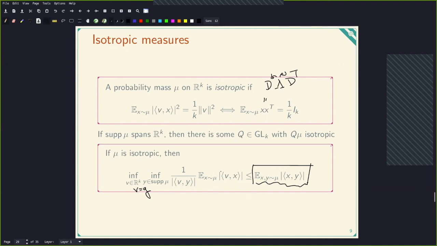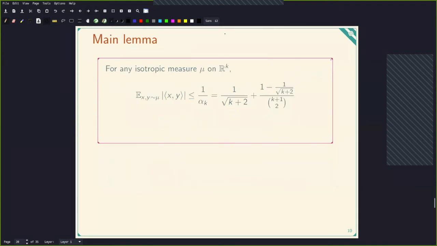So now, instead of having to do some nasty optimization problem about minimizing over all linear forms and so on, all we have to do is upper bound essentially a first moment of isotropic measures. And that at least seems easier to me. And that's what we do.